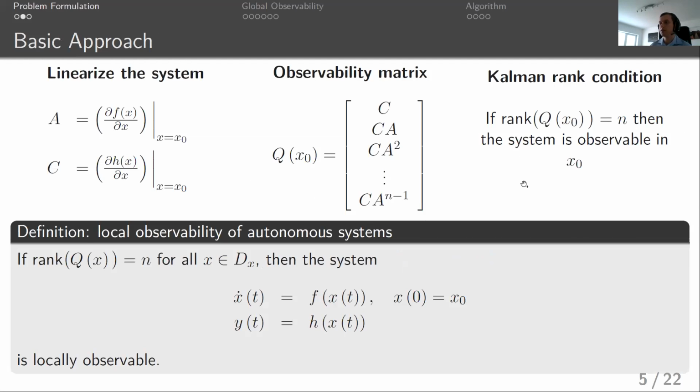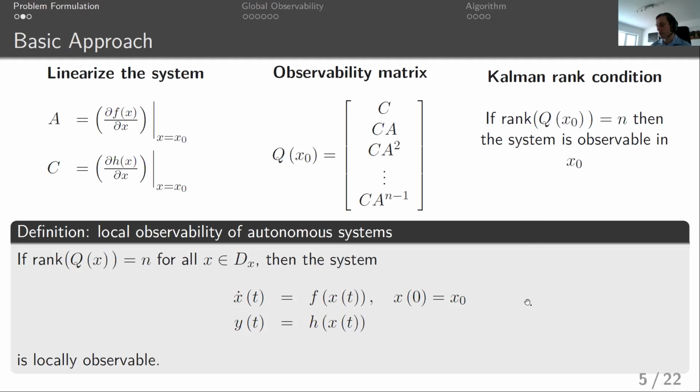If so, then the observability matrix Q is full rank, and therefore the system is observable in X0. We could construct an algorithm that tests every point of a definition area of this nonlinear system, for example using intervals, and in that case we could prove that the system is locally observable. However, we are more interested in global observability.